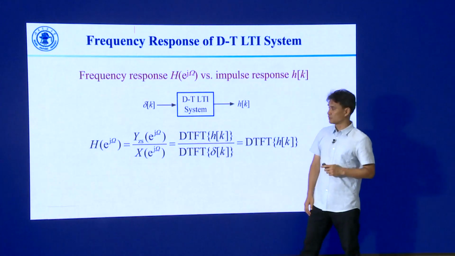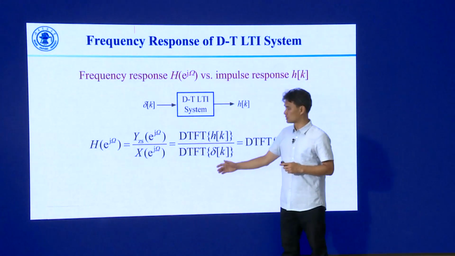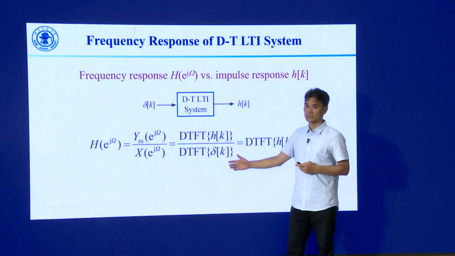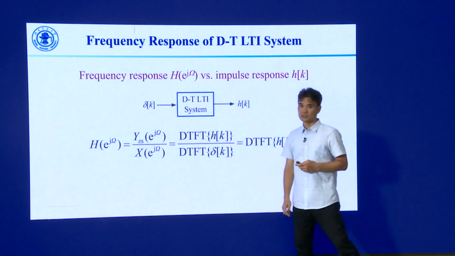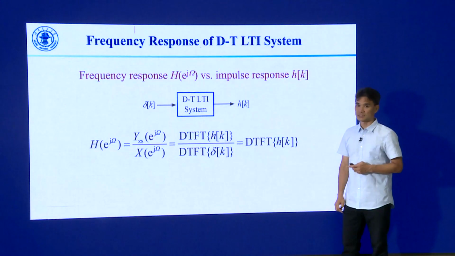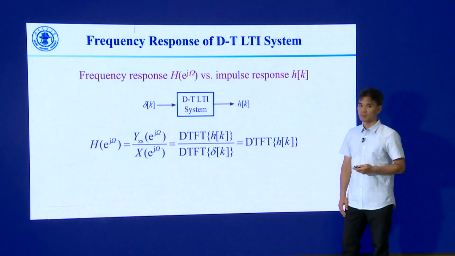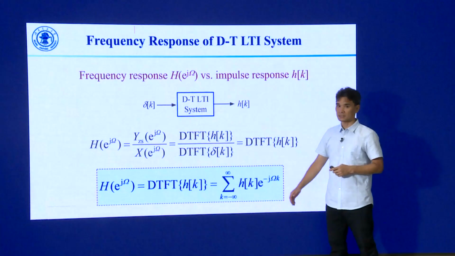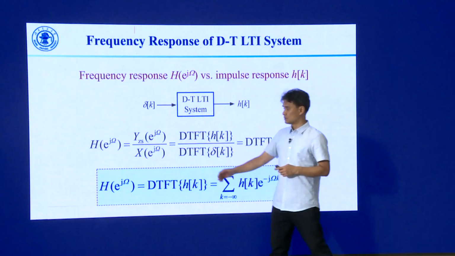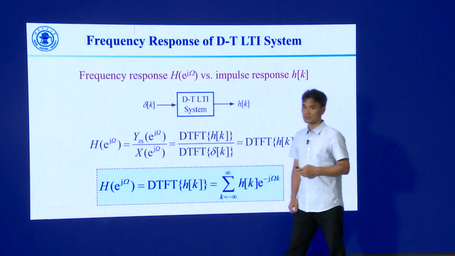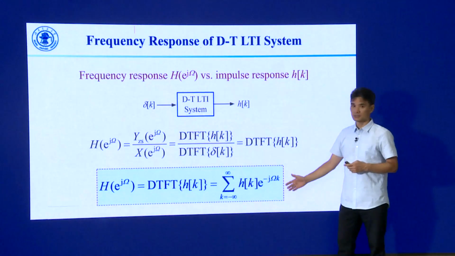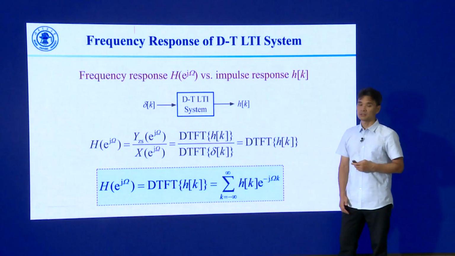And now if we force the input equal to delta k, then the zero-state response is equal to the system's impulse response. So it is clear that the system's frequency response and the system's impulse response are a pair of discrete time Fourier transform.